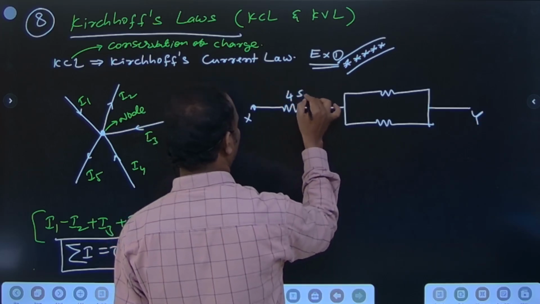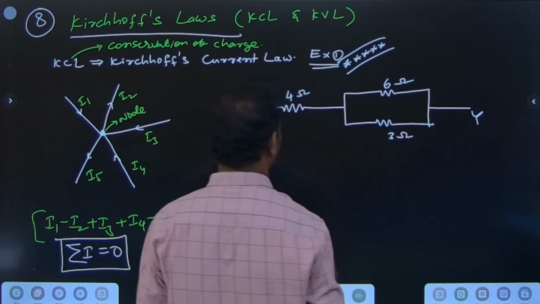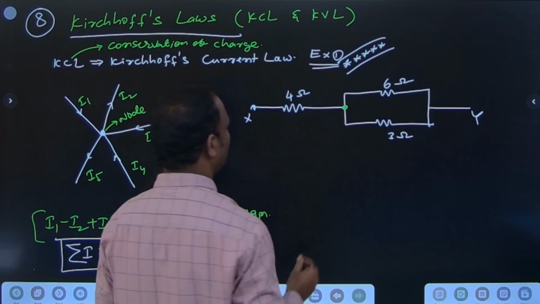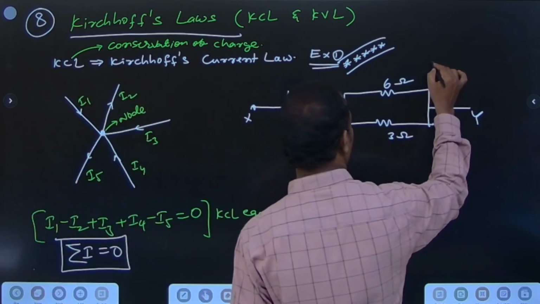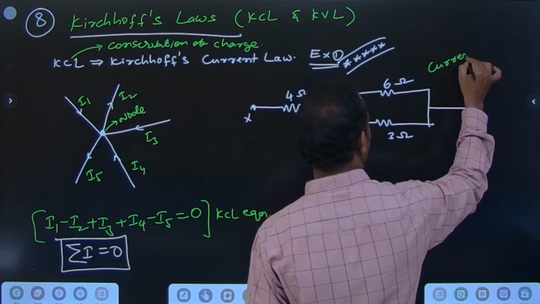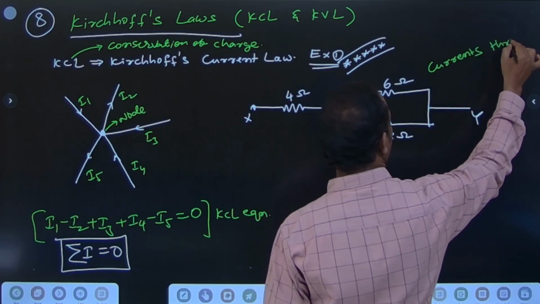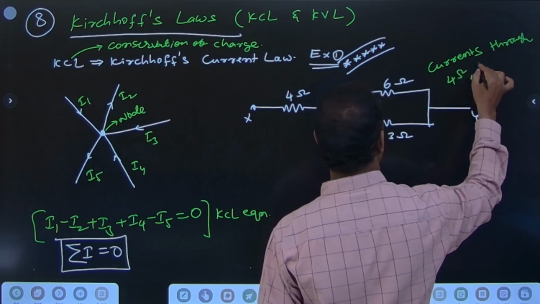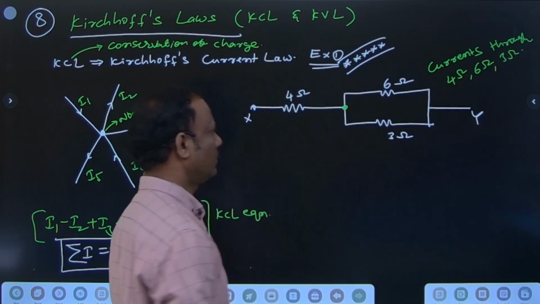It is 4 ohm, this is 6 ohm, this is 3 ohm. The question will be, what are the currents through 4 ohm, 6 ohm, 3 ohm?